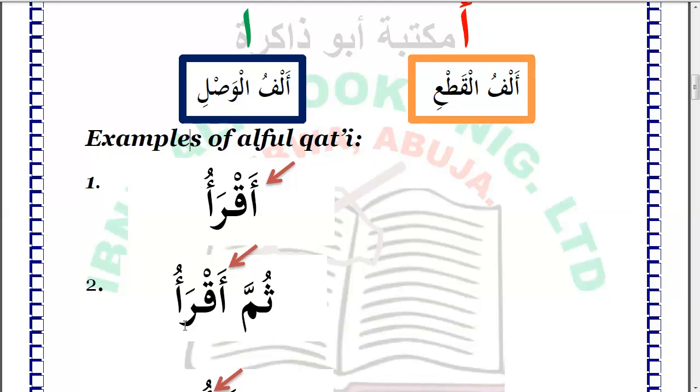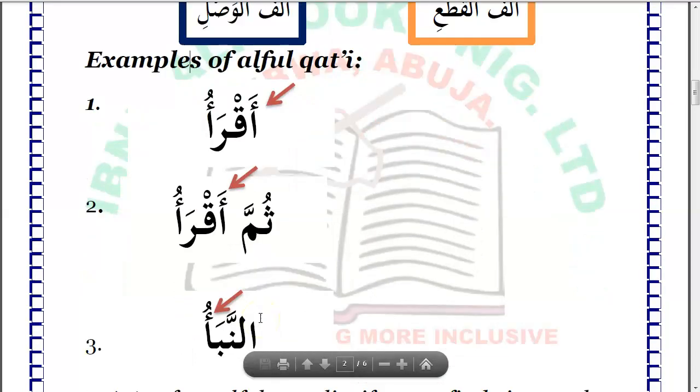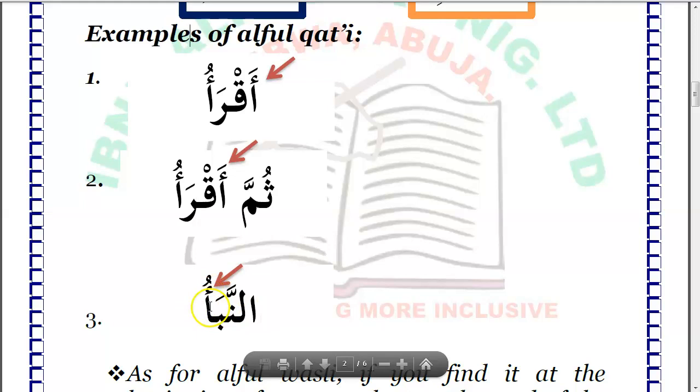Then we have it here at the end of the word. We read it as an-naba'u. Do you understand?